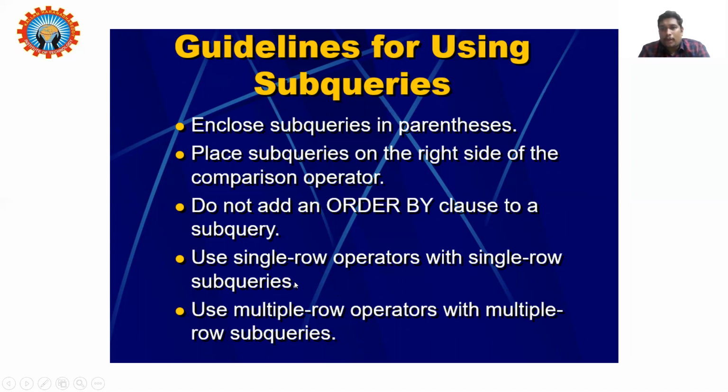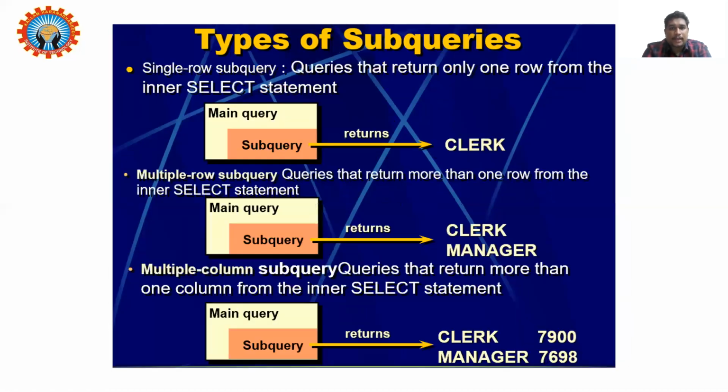If you want to retrieve one single row, you have to use a single row operator. The single row operators we already discussed. What do you mean by single row?